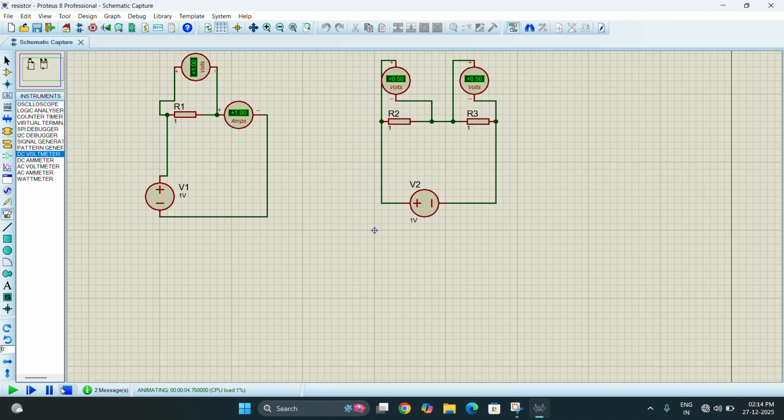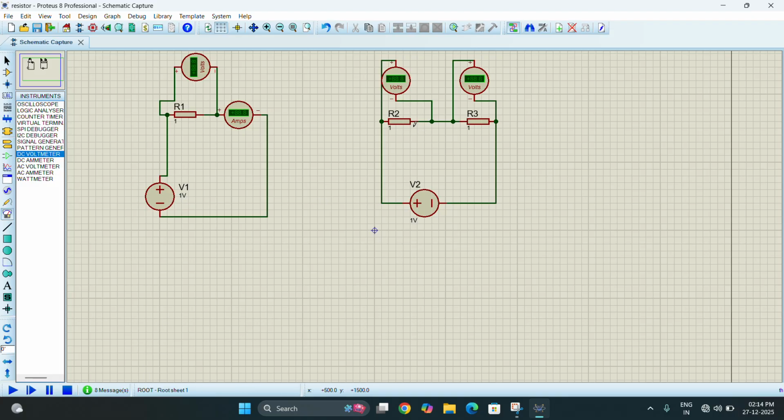One more important formula I am going to tell you that is going to be used many more times in the electrical branch and all. So that formula is the voltage divider formula. What is the voltage divider formula? I am going to tell it in a very simple way.